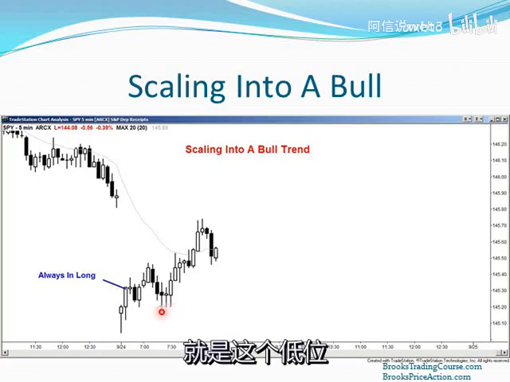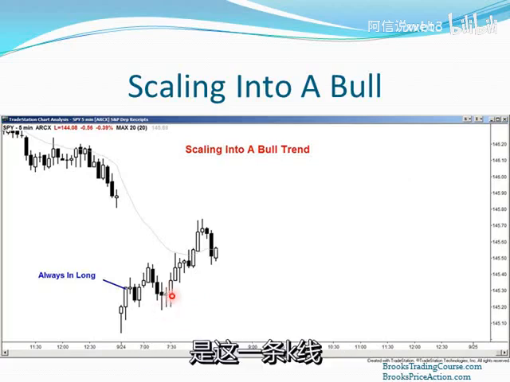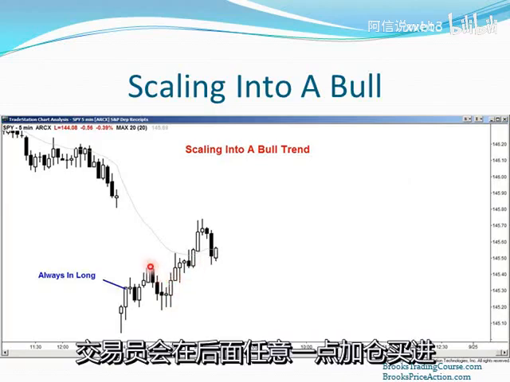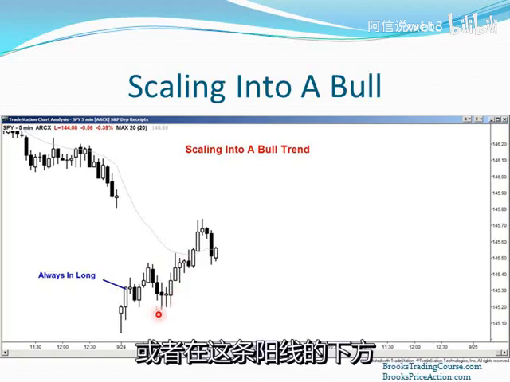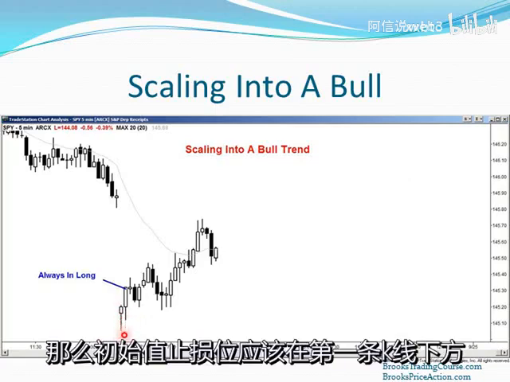So I think most traders believe that the market is always in long. The most recent higher low is this low. The most recent bull spike began with this bar. So if traders were swinging along at any point after we made this new high, they would make sure that their stop was below this swing low or below this bull bar. The initial stop when they bought above this bar was below its low.